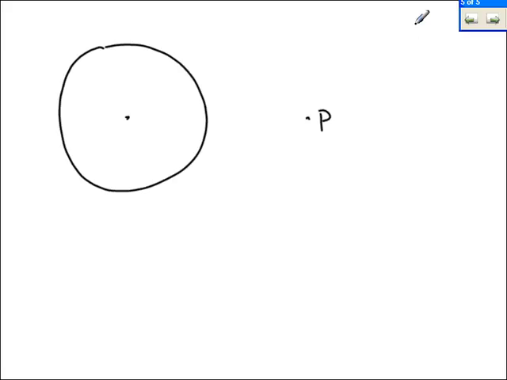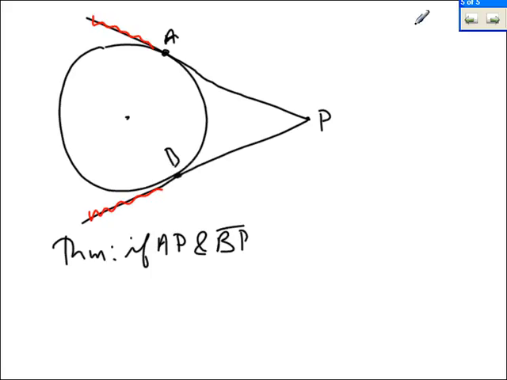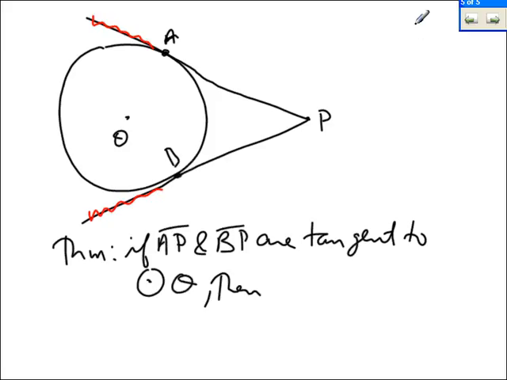If I take a point P out here, and I draw a tangent line through that point, and a tangent line through there, and I ignore this portion and that portion, I can just label this A and B. The theorem says that if AP and BP are tangent to circle O, then those two lengths are equal. Then AP is congruent to BP.